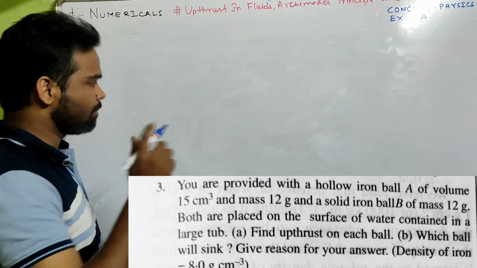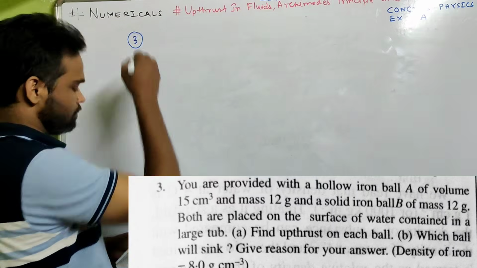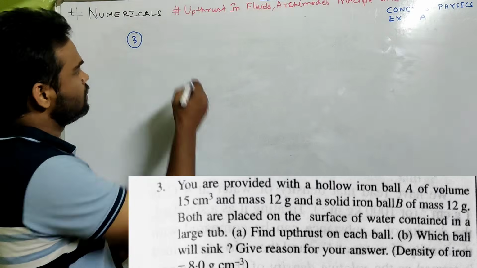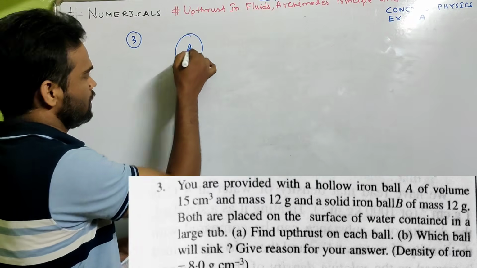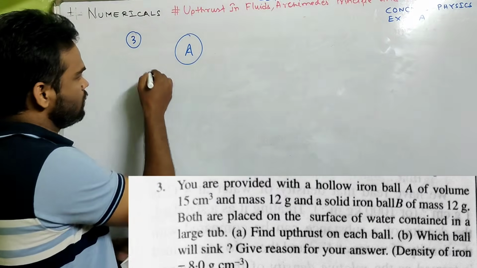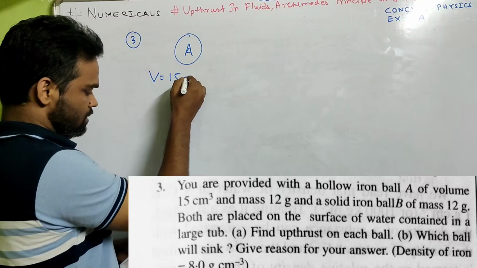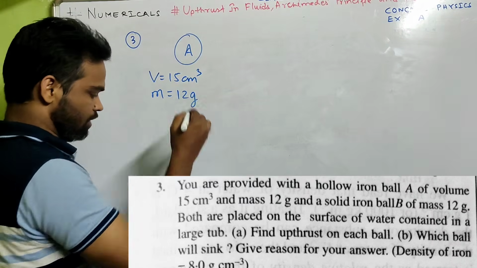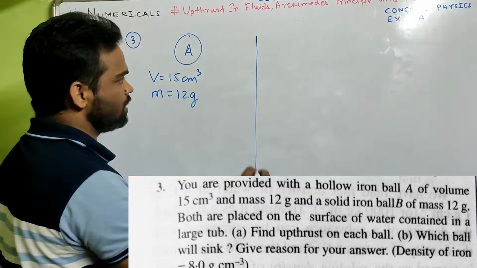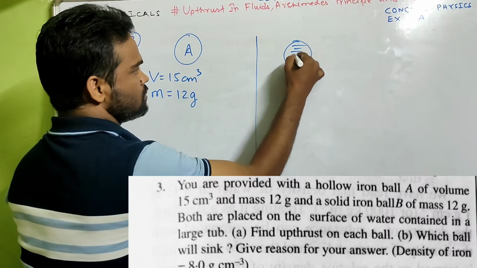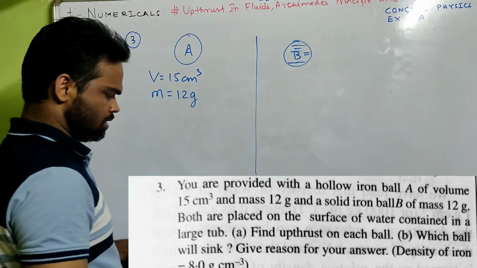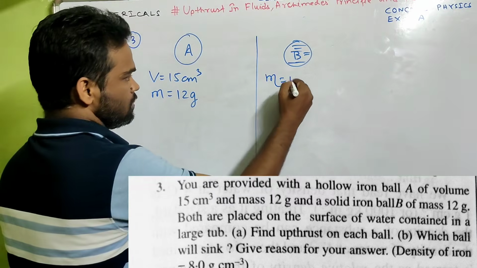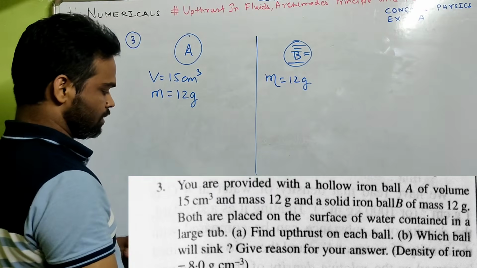We'll do number 3. Look at number 3. You're provided with a hollow iron ball A. There's a hollow iron ball A of volume 15 centimeter cube and mass 12 gram, and a solid iron ball B of mass 12 gram.